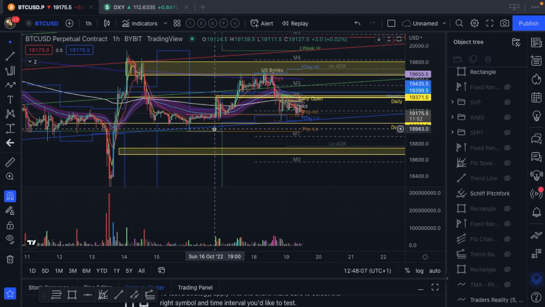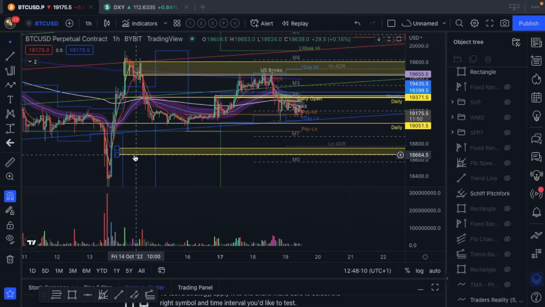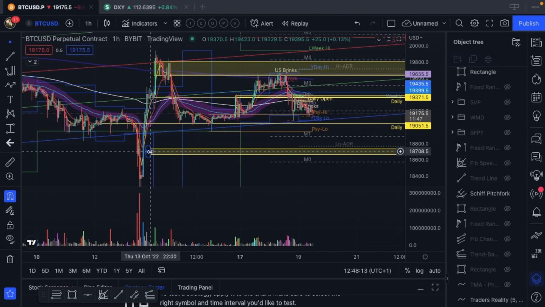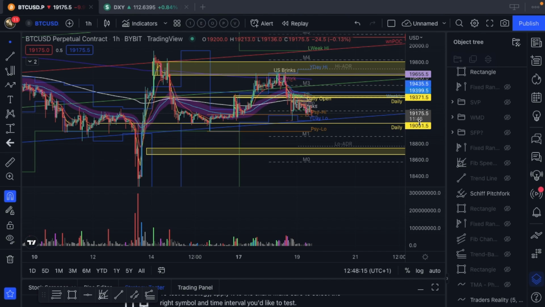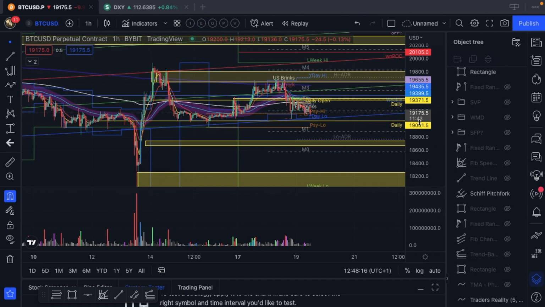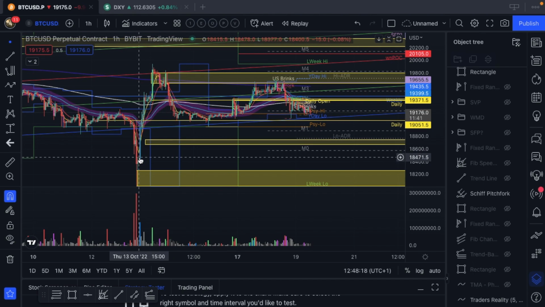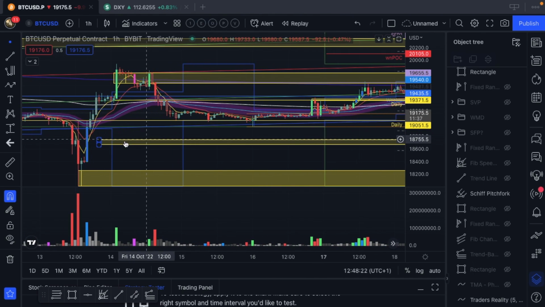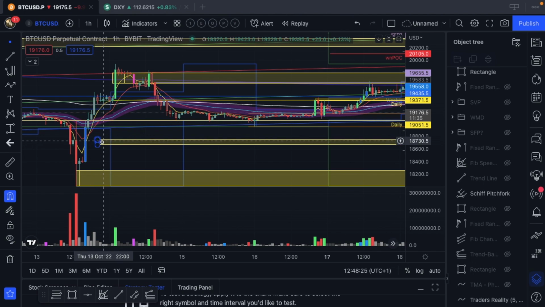So on the 1 hour chart, this is a fib pull of this 1 hour candle here. This 1 hour blue vector. So the 50% mark of this candle is right inside of this, and this is a golden pocket from this low to this high.